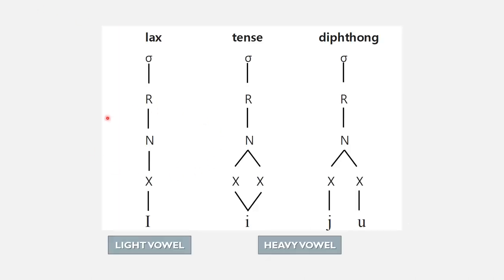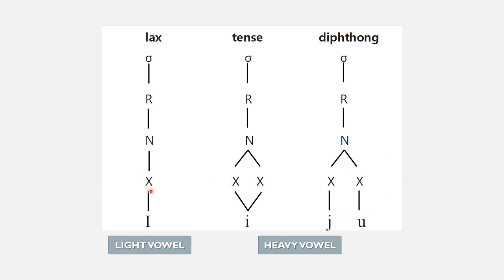The quantity of a sound segment is expressed by measuring the timing in the timing tier, or the X tier. In these examples, it can be seen that the lax E and the tense E differ in terms of X quantity. Meanwhile, the tense E and the diphthong U are very close in terms of tenseness since both have two X values or two X quantity.